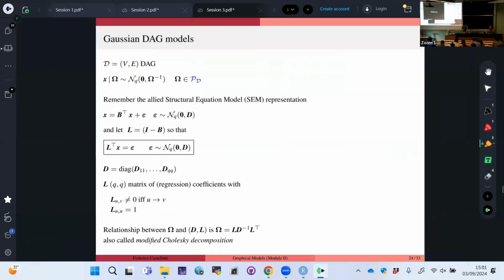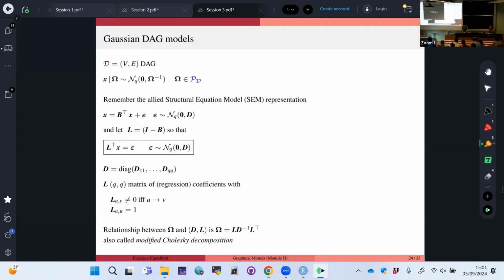We can move to directed acyclic graphs instead, considering a Gaussian DAG model. The starting point is as usual our DAG D, and we will assume that X given omega is multivariate normal with omega satisfying the constraints imposed by a DAG of this type.